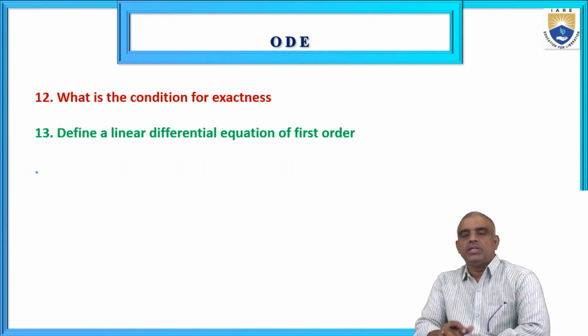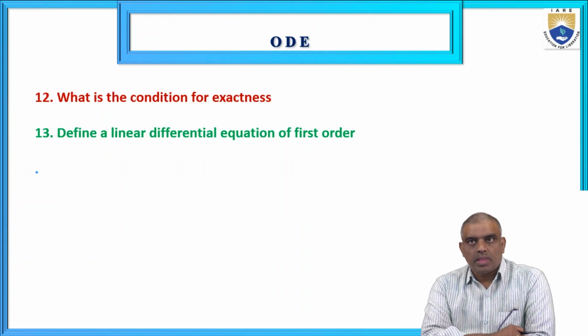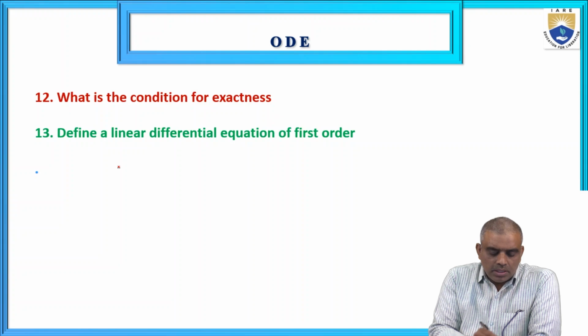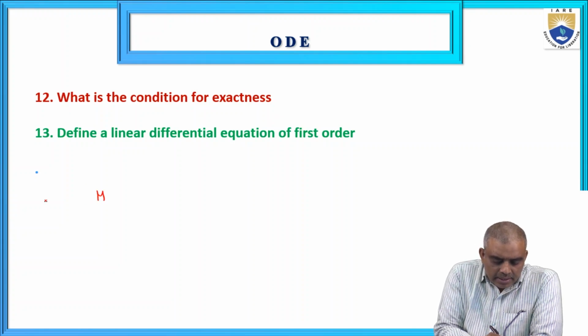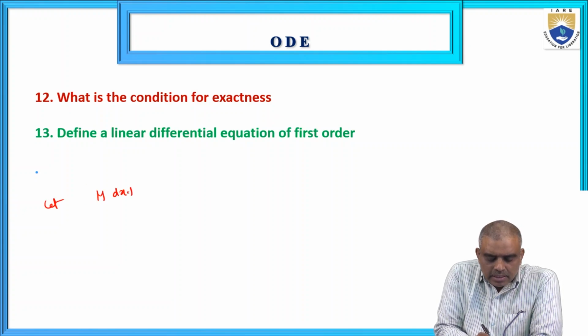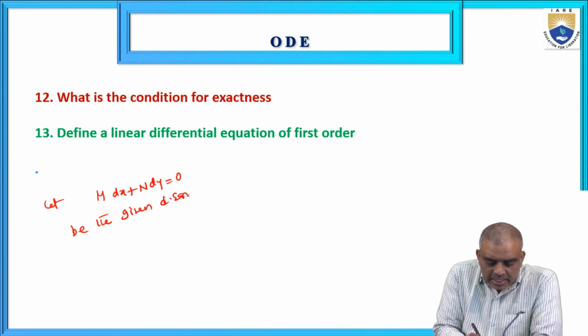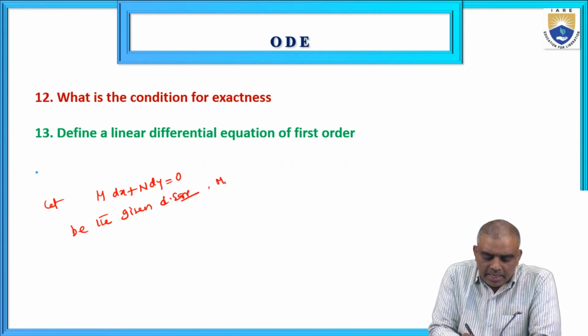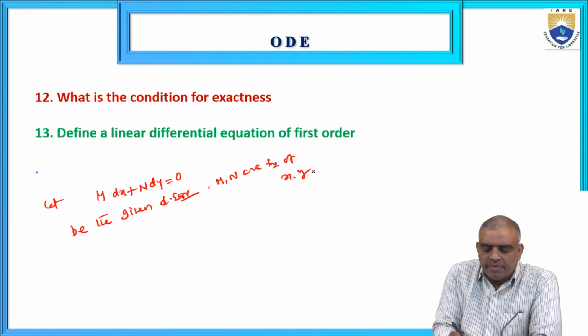Next, what is the condition of exactness? Suppose let M dx plus N dy is equal to 0 be the given differential equation, where M comma N are functions of x comma y.